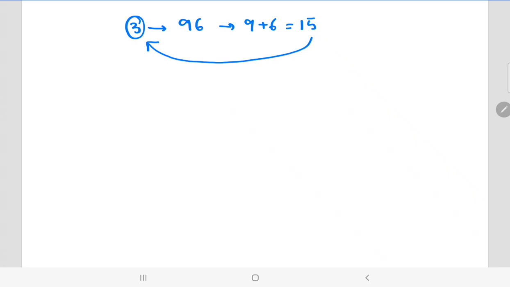If you take any number, for example 96, if I add 9 plus 6, I am going to get 15. So 15 is divisible by 3. So this 96 will also be divisible by 3.